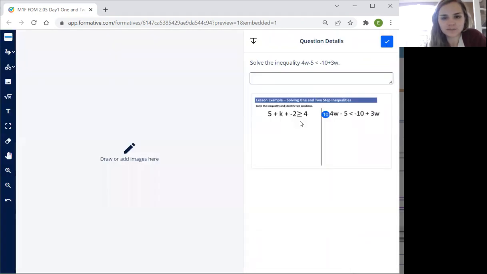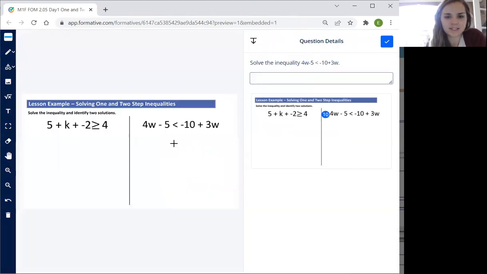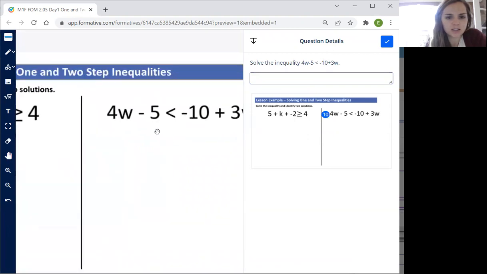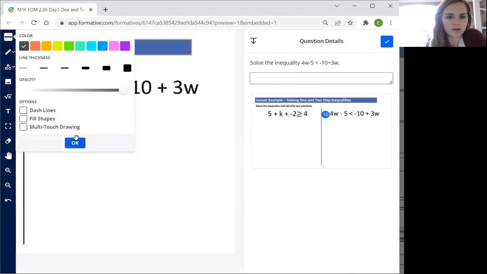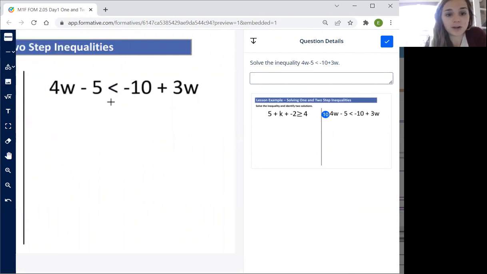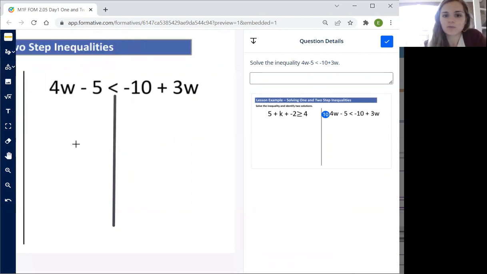Last one we're going to do together. Go ahead and paste this in here for you guys. So we want to solve this one. It's got variables on both sides this time. Okay, so we got to think about our rules from solving. So the first step we need to do is subtract the smaller one.